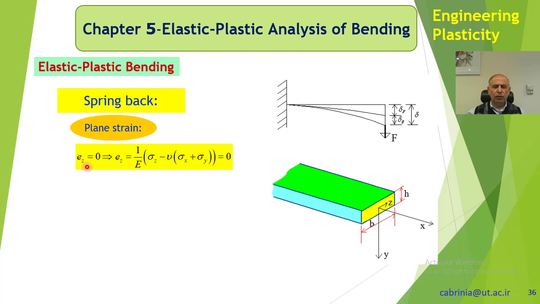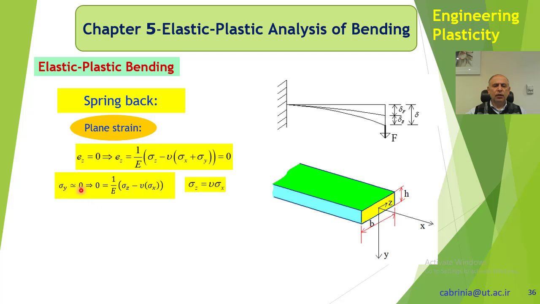Therefore, if we put Ez equal to 0, that's the elastic strain, Ez is equal to 1 over E times this relationship equal to 0. So we can find the relationship between sigma Z, X and Y, and also we can assume that sigma Y is equal to 0, because the depth of the beam is very small, and we assume the stress here is negligible.